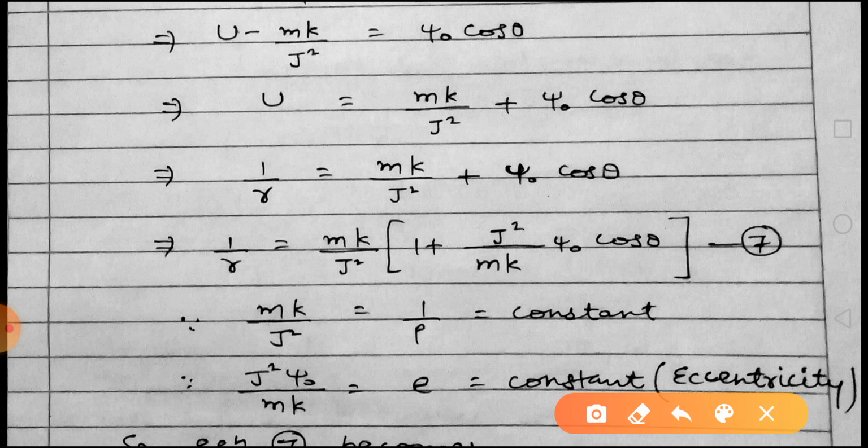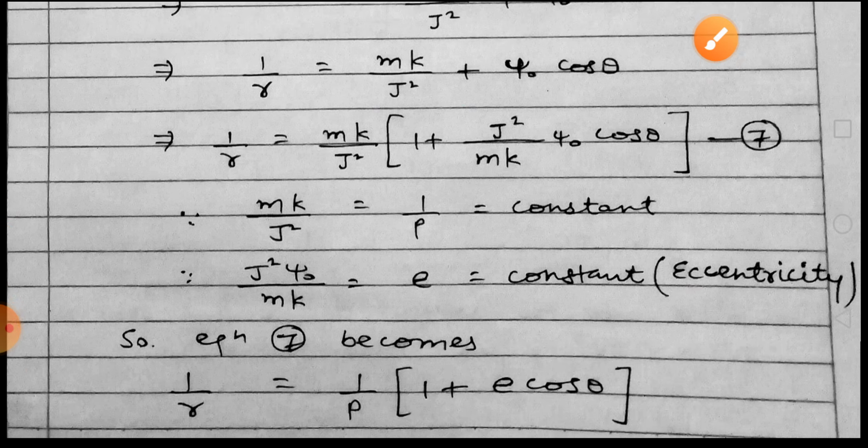Then u is equal to mk upon J square plus psi naught cos theta, and we know that u is equal to 1 upon r. Now if we take mk upon J square common, then 1 plus J square psi naught upon mk cos theta.